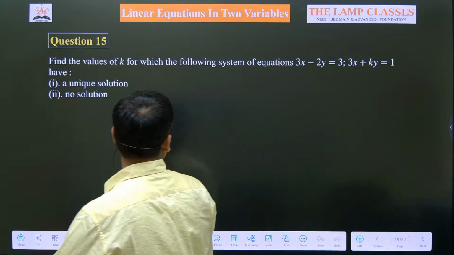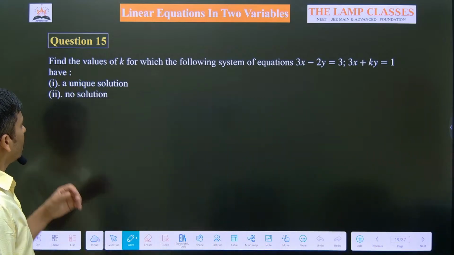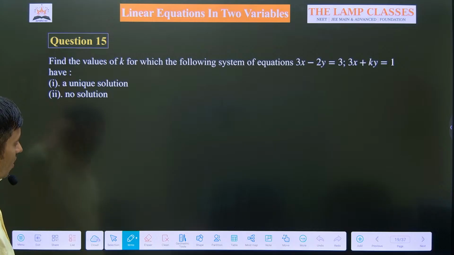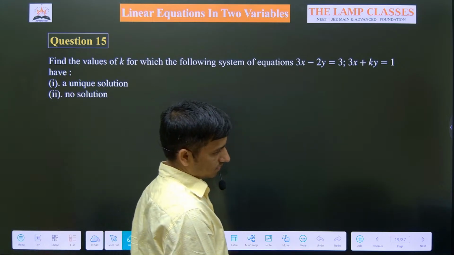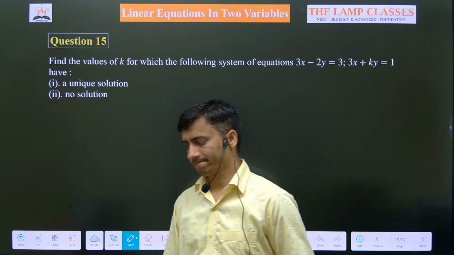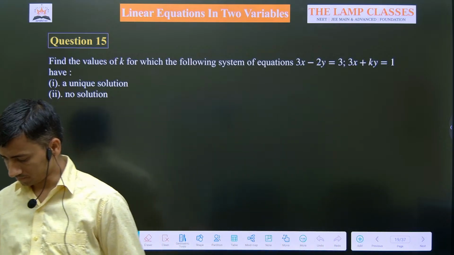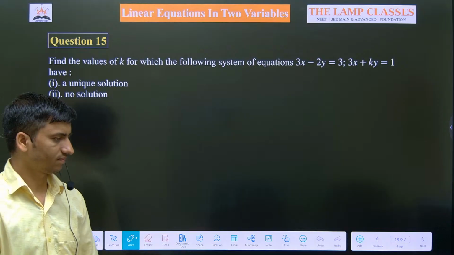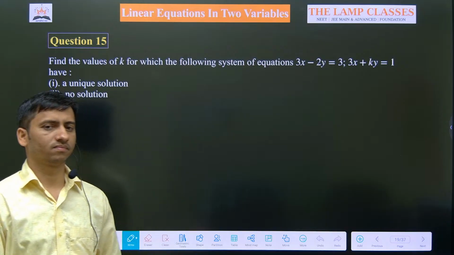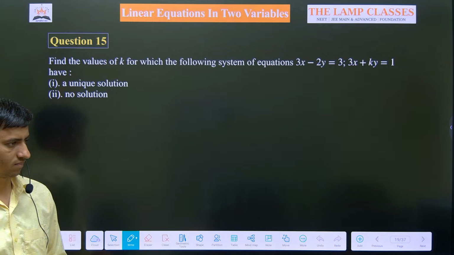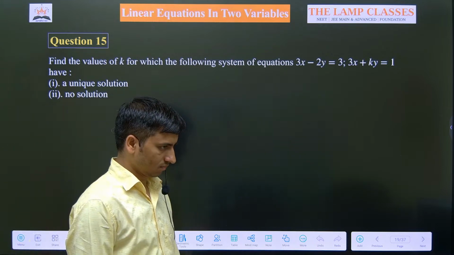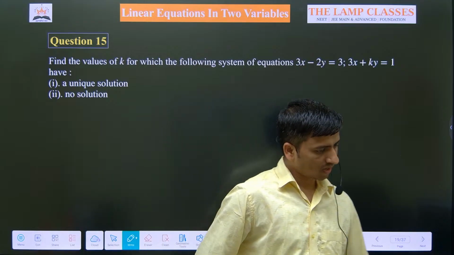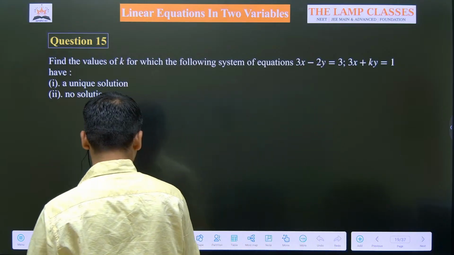Yes, now do this question. Find the values of k for which the following system of linear equations has a unique solution and no solution. So just apply the concept.